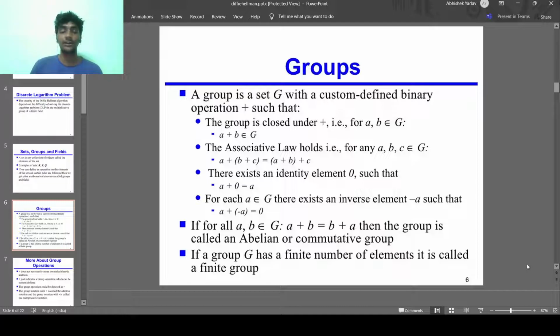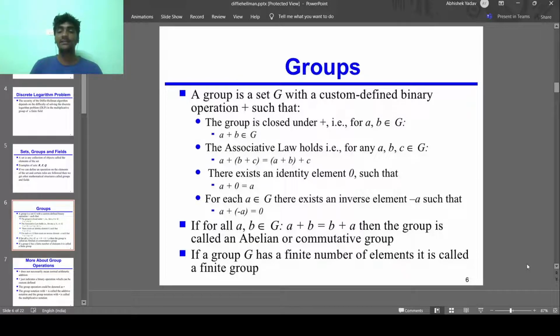There also exists an identity element, 0, which is just a symbol to represent the identity element, such that a plus 0 equals a. Also, for every element a belonging to the group, there exists an inverse element of a.